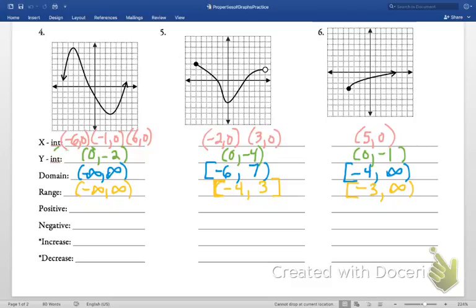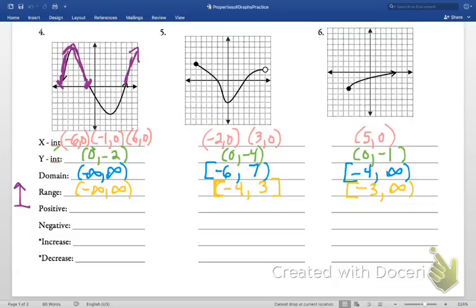Okay, let's look at positive. Everywhere it's positive above the x-axis. Okay, remind yourself, positive means you're going above the x-axis. So on number 4, I'm going above the x-axis. Kind of tricky tracing the curves.